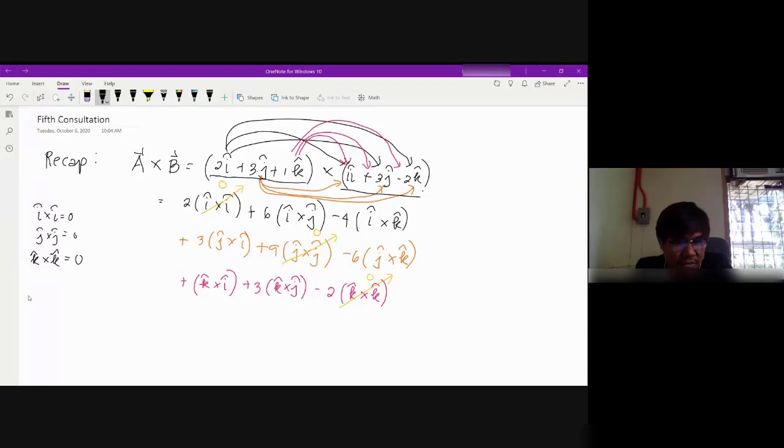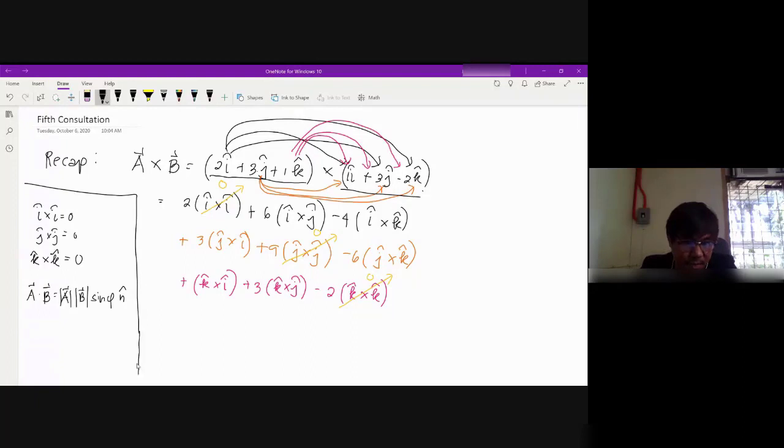It's because of this definition. So you have A, B, magnitude sa A, then magnitude sa B, and then sine of the angle between the two, and then unit normal n hat. Okay, so take note lang ano.